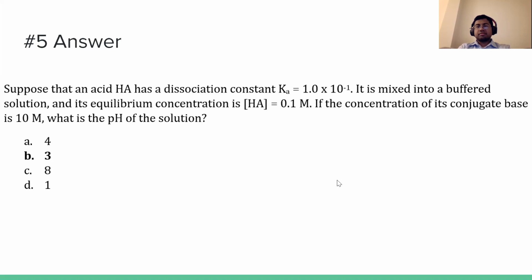In a buffer system, NH3 is a weak base, which means that if you combine it with a solution that has NH4 plus in it, you can make a buffer solution. When NH3 is titrated with a strong acid, how do we know that titration causes NH3 to become NH4 plus?